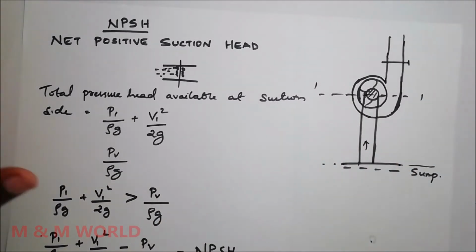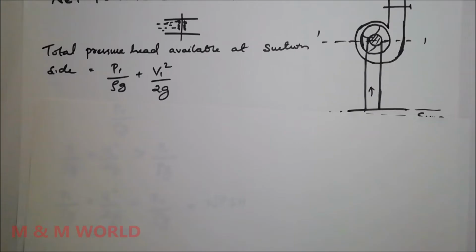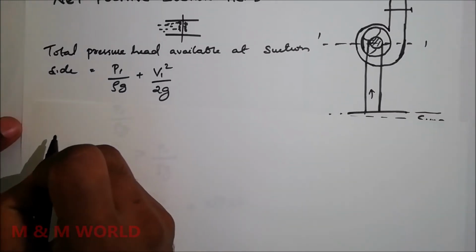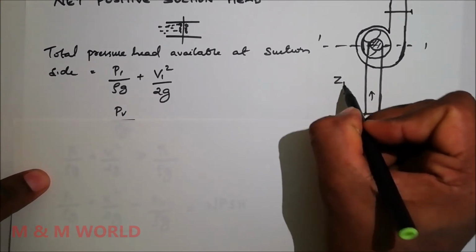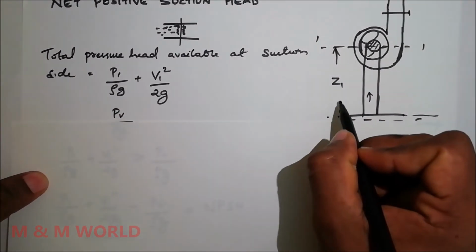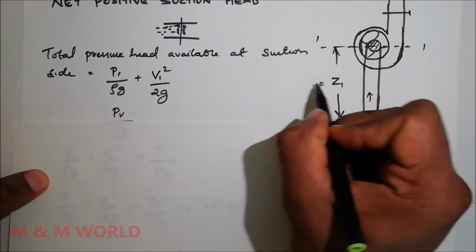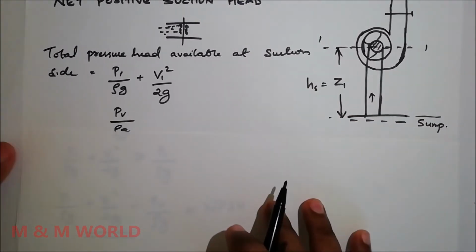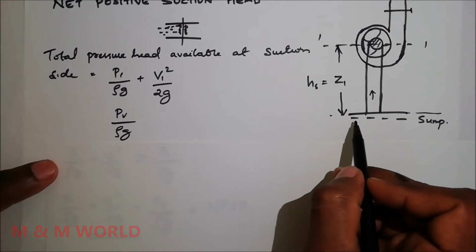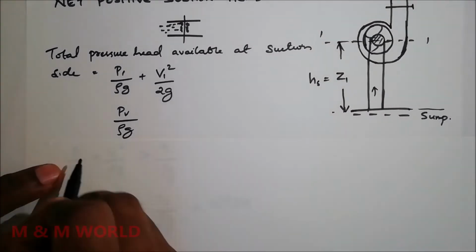So what will be the equation? This distance is Z1, or it is equal to Hs.